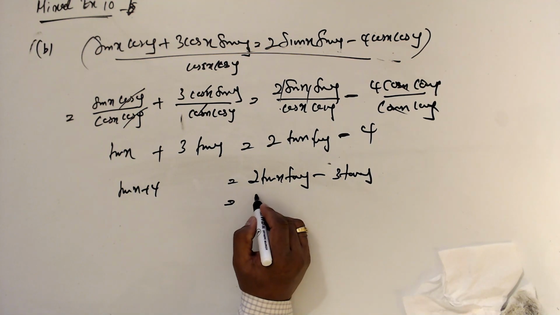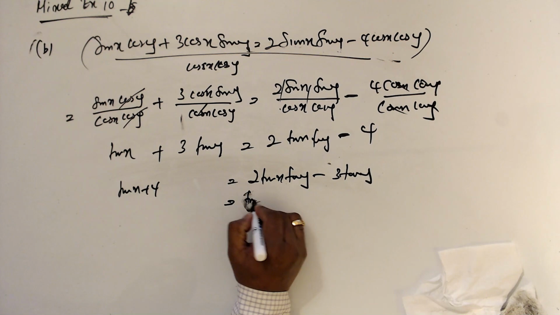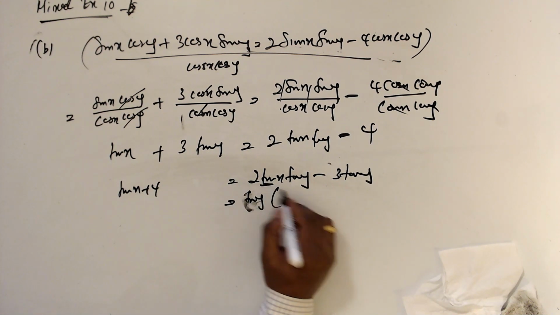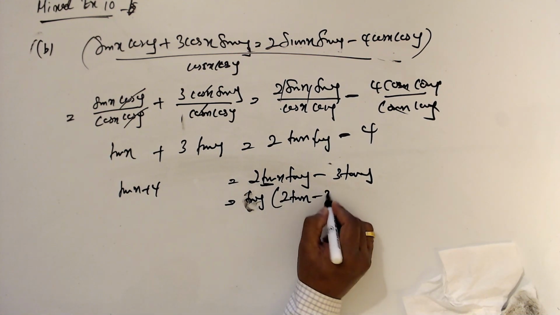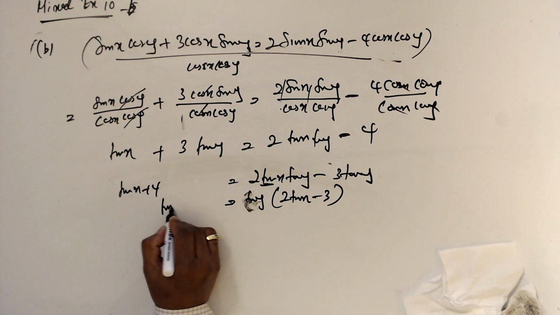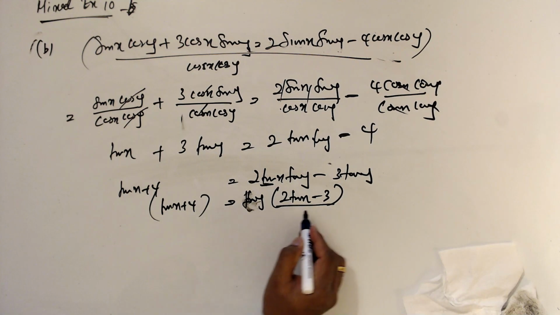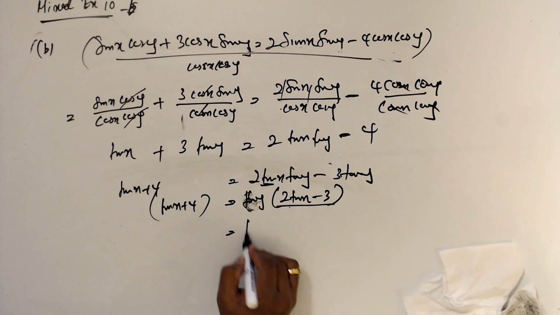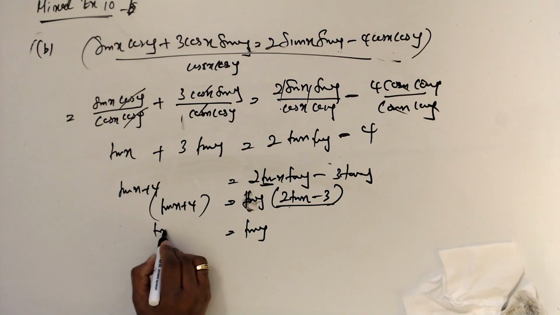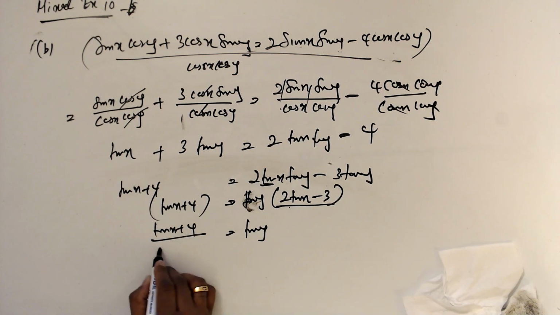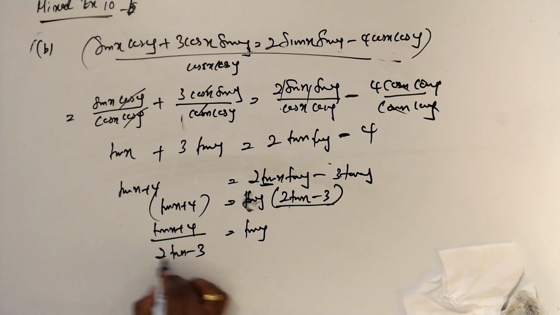Now I can do as it is. When I factorize tan y, here you can see 2 tan x minus 3. This is tan x plus 4. Then cross multiply, I bring the whole term down. So tan y equal tan x plus 4 over 2 tan x minus 3.